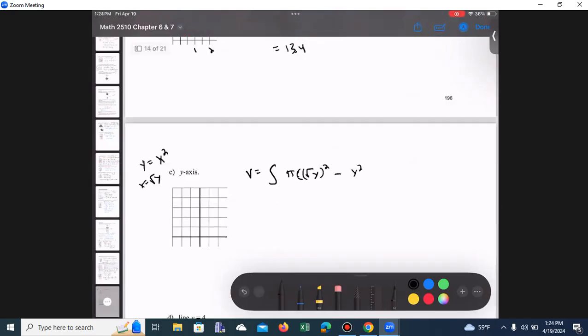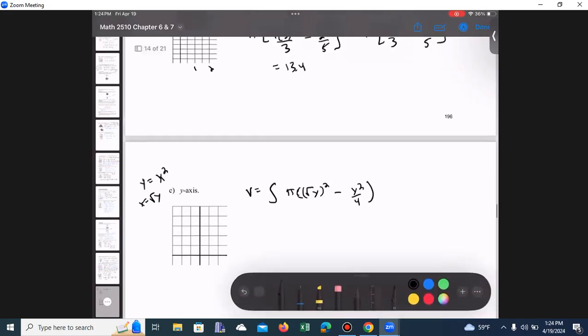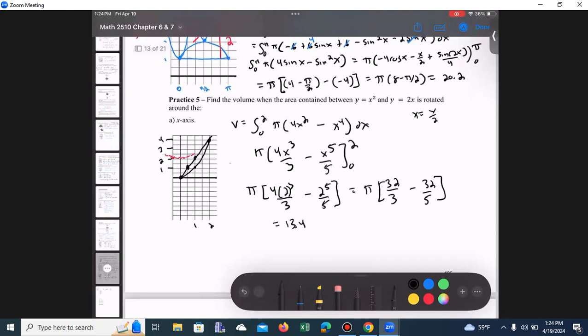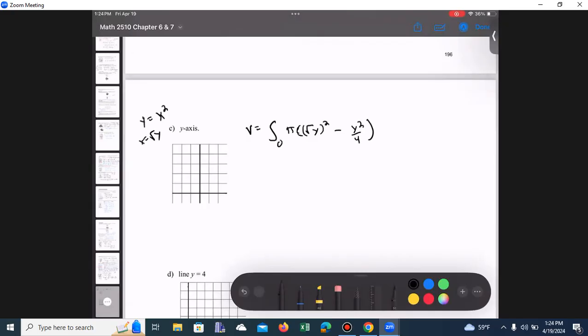So y squared over 4 will be your inner function. And then we're doing this along the x-axis, and so we'll take the limits along the y-axis. So we're doing this from 0 to 4 for your y. Those are your limits.